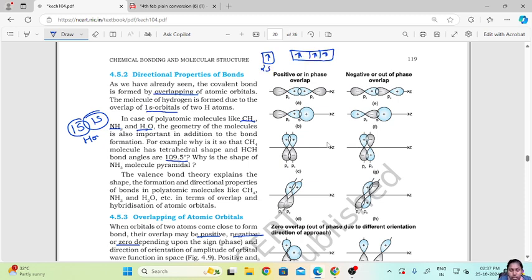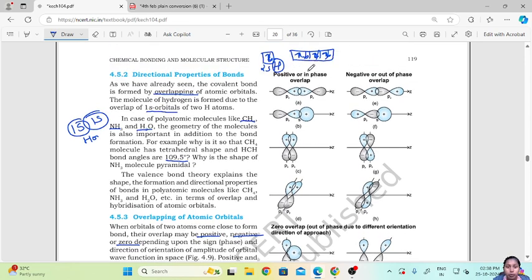Now each of these unpaired electrons takes up 1 electron from a hydrogen atom and completes the electron pair. So each of the electrons will be taken from a hydrogen atom. Since there are 4 unpaired electrons, 4 hydrogen atoms are used to overlap.